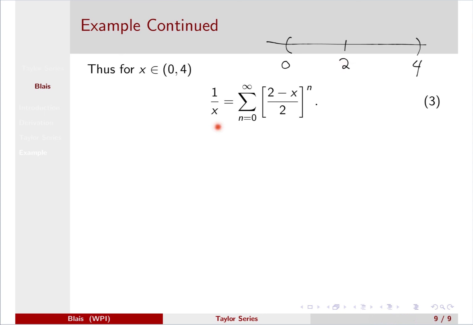Because where this is going is to say, suppose we know this is the case for x in this interval, but we want to approximate 1 over x using a partial sum of this series. Maybe we use the first 3 terms, or the first 2 terms, or the first 5 terms. And we'll explore that in the lecture on Taylor polynomials, which is coming up.